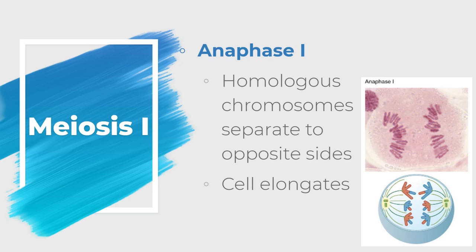So the chromosome from your mom, that's made up of 2 sister chromatids, might get pulled to one side of the cell, while the chromosome from your dad, made up of 2 sister chromatids, might get pulled to the other side. That's a big difference from anaphase in mitosis. And also the cell is going to start elongating during this process.